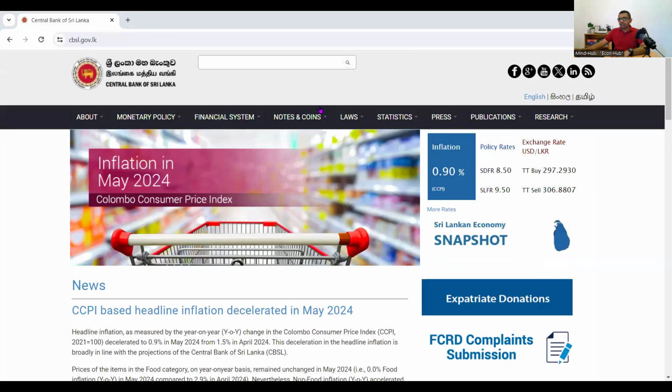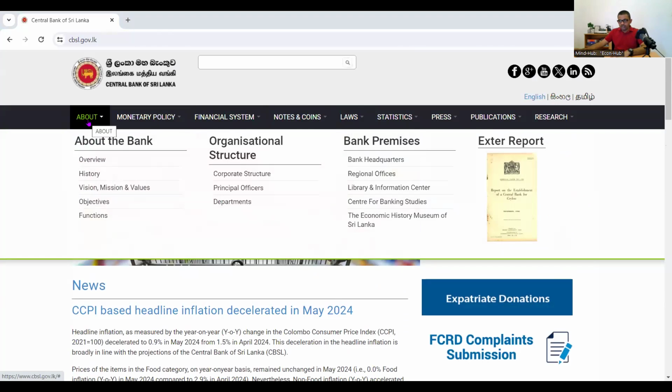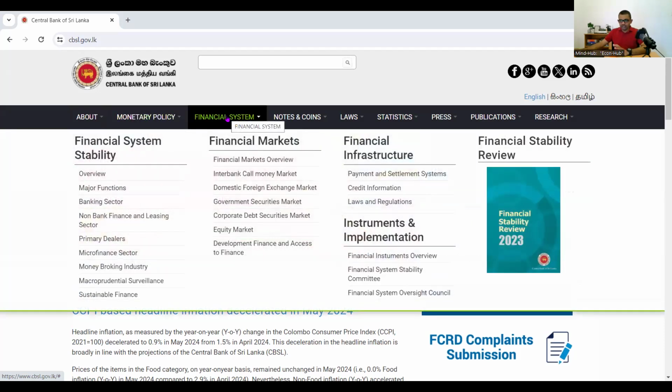If you go to the tabs they have on the top of the central bank website, you will see they talk about the monetary policy. And then if you come to the financial system, I'm just trying to take you through the information they provide.